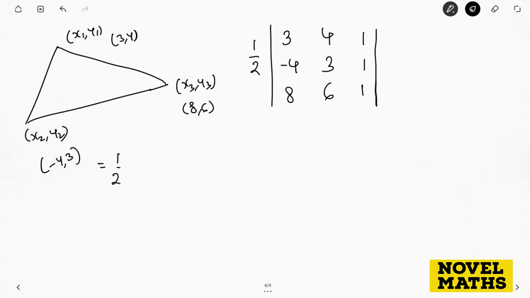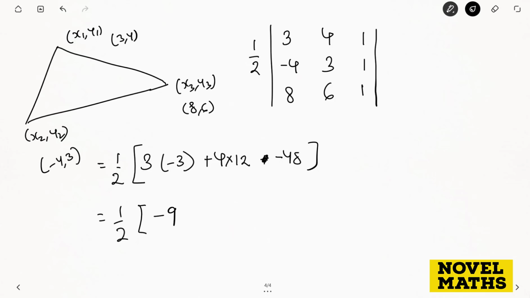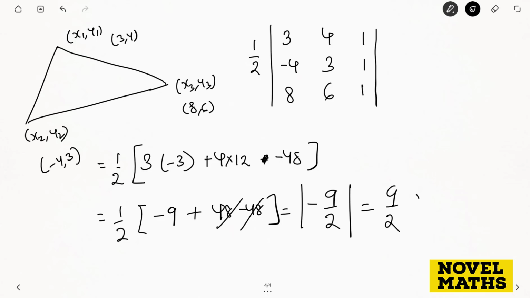So this will be 1/2, starting with the first point, 3 times (3 minus 6) is -9, then -4 times (-4 minus 8) is -4 times -12, so that is plus 48, plus 1 times (24 minus 24)... the 48 and -48 cancel out, this becomes negative 9 over 2, and taking the absolute value or modulus of that will be 9 over 2 square units, right?